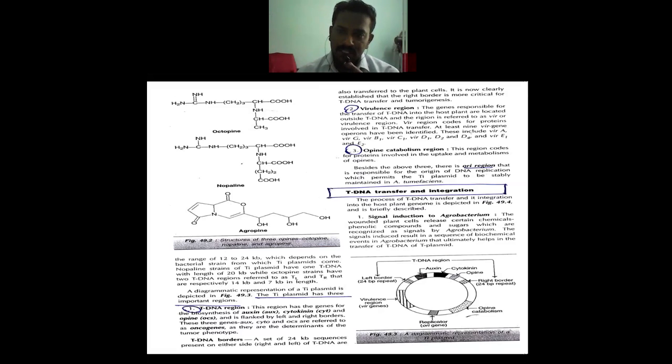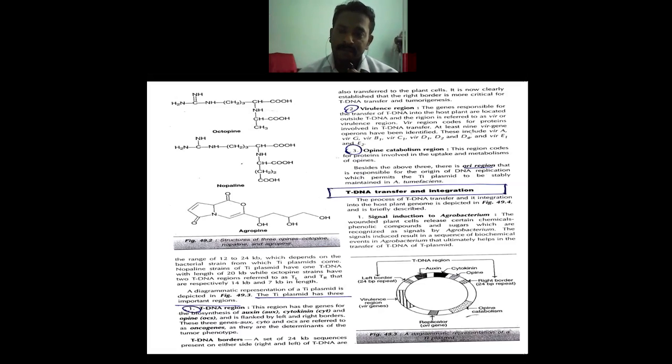The virulence region codes for proteins involved in tDNA transfer. At least nine virulence genes are present in it: virulence A, virulence G, virulence B1, virulence C1, virulence D1, D2, and D4, and virulence E1 and E2. These virulence genes are responsible for transferring the tDNA into the plant genome.